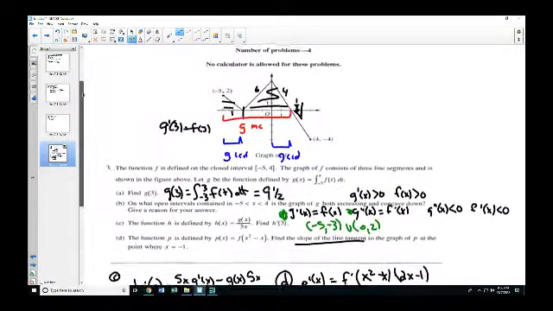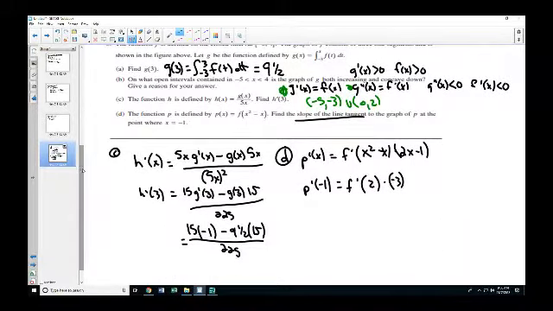Wait, is it F prime at 2, not F prime at -6? -1 squared is 1 minus -1. But when you do the chain rule, it separates it. These are part of the inside of the function, and this is the outside. I would have thought it was still in the function, so I would evaluate it at 6. Yeah, this has to be in the parentheses here with the 2.